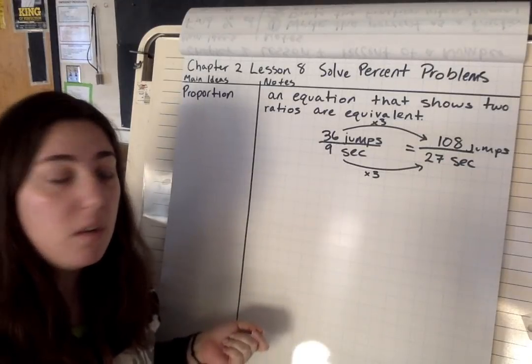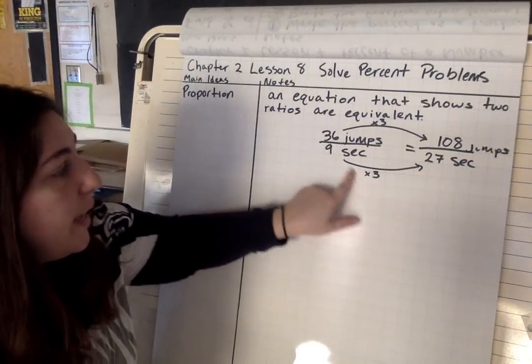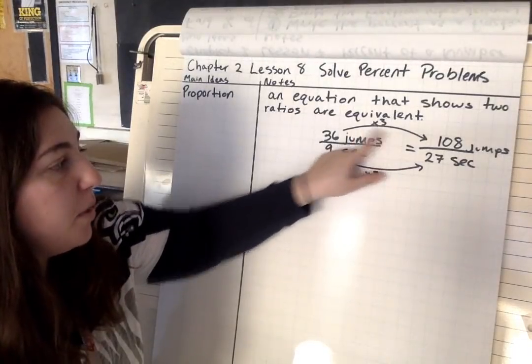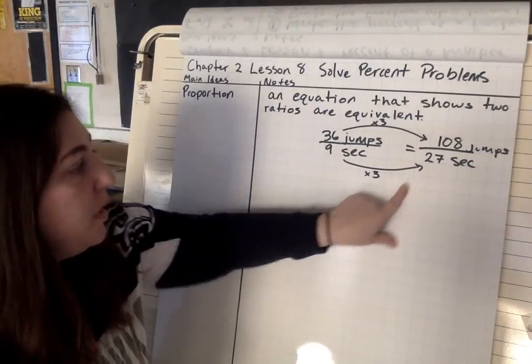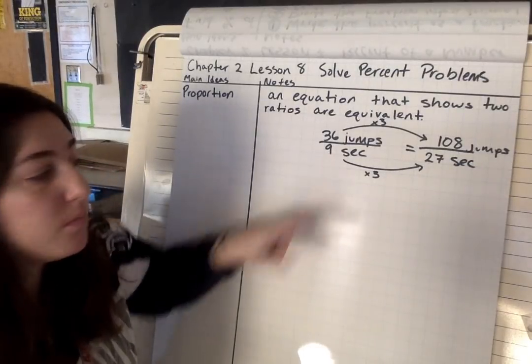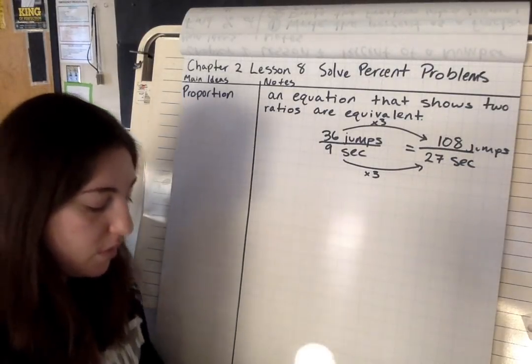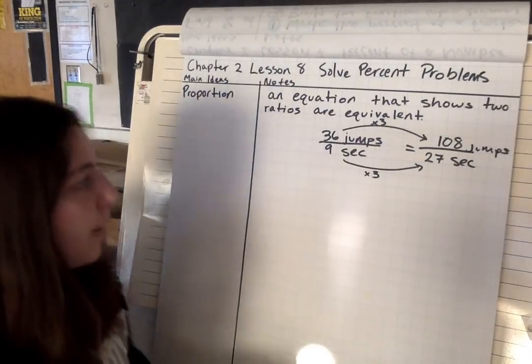Okay, so this is an example of a proportion because we have two equivalent ratios and they're equal to each other. Okay, and multiplying it by the same number lets us know that they are equivalent. This ratio is equivalent to this ratio. And we're just going to do some highlighting.